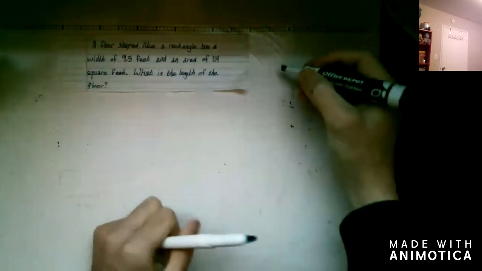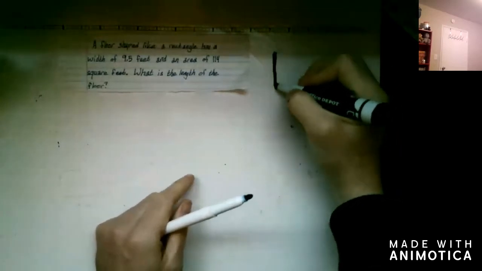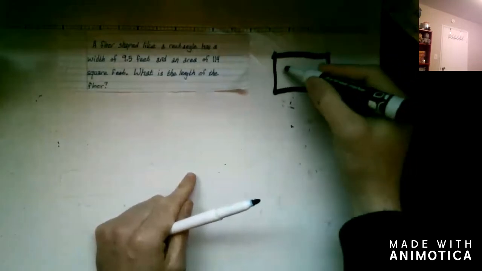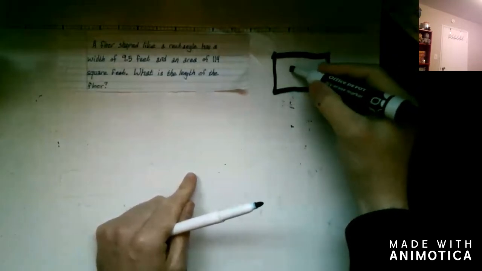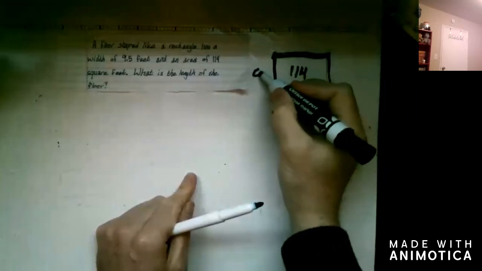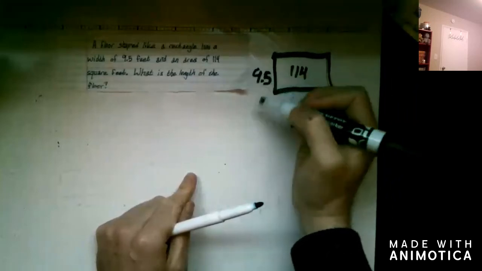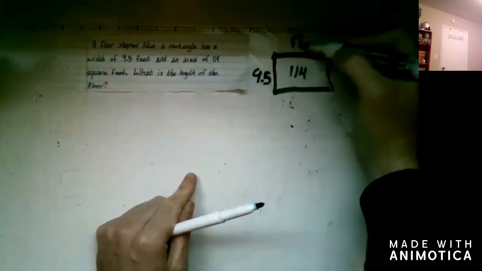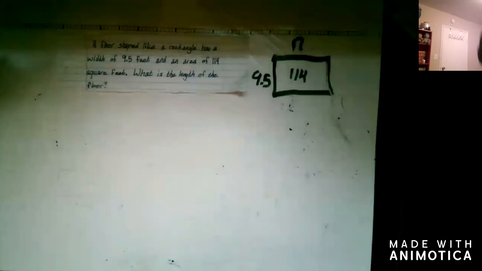Now, we could draw ourselves the rectangle and say our area, the space inside, is 114. Our width is 9 5/10. Our length, we do not know. And today I'm going to use n every single time I have a variable.